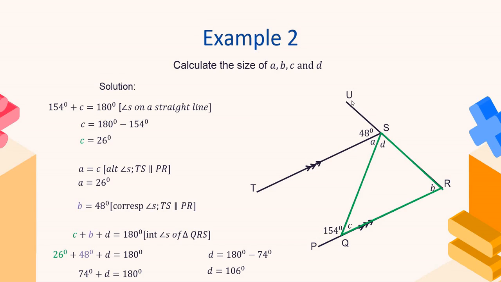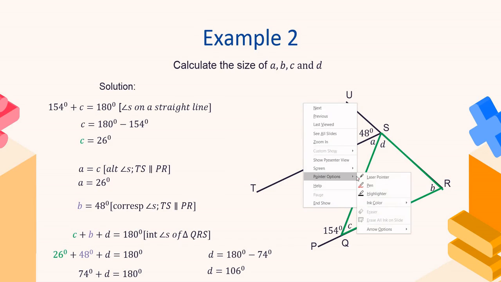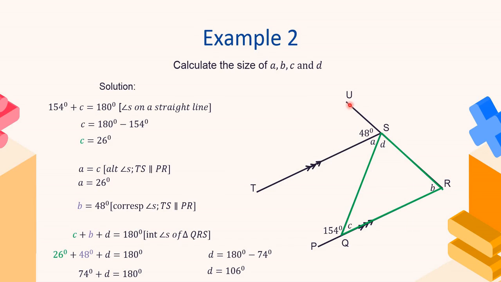And another way to do it is, if we look at the line USR, or rather UR, let me get the pointer. If we look at this line, what do we know about angle D, A and 48? The sum of them is equal to 180 degrees because of angles on a straight line.